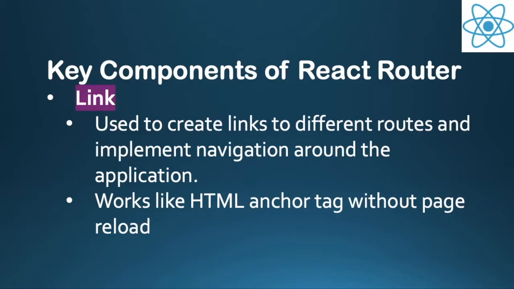It works very similarly to the HTML anchor tag that we have typically used. The advantage is that it works without page reload. Because the page is not reloading, it gives us the feeling of an application, and it responds very fast to the user.